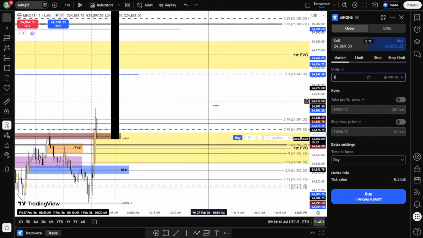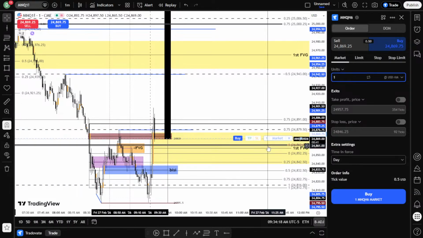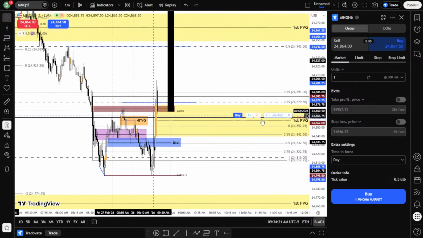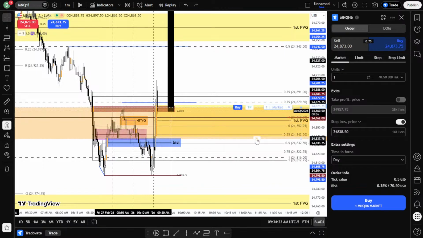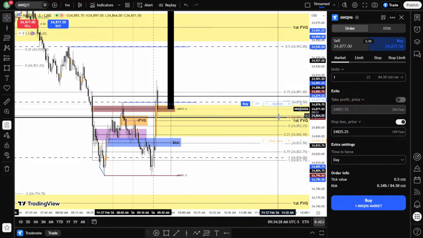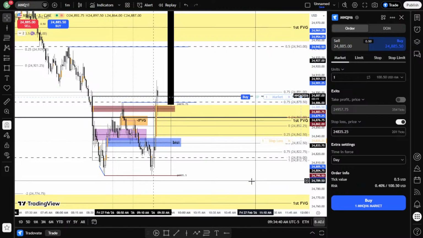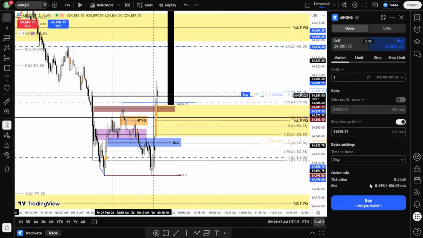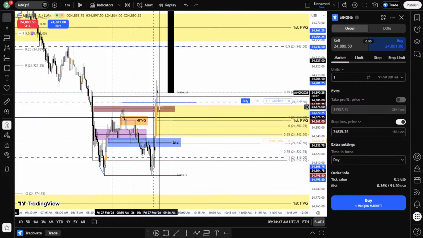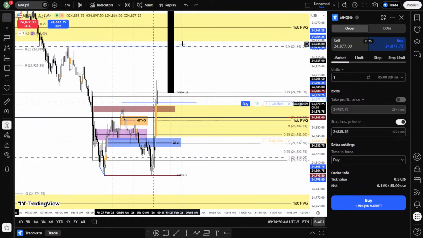Let's see how it reacts inside this buy side imbalance, sell side inefficiency. Okay, it came down and it should now move higher.